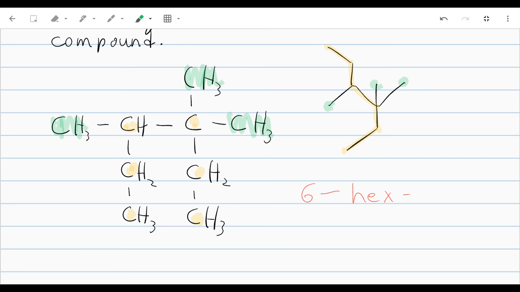Now, all 3 of those branches are single carbon. Since it's 1 carbon based, each of the branches is going to start with meth. So the main chain, the parent chain, is hex-based. The branches are meth-based.